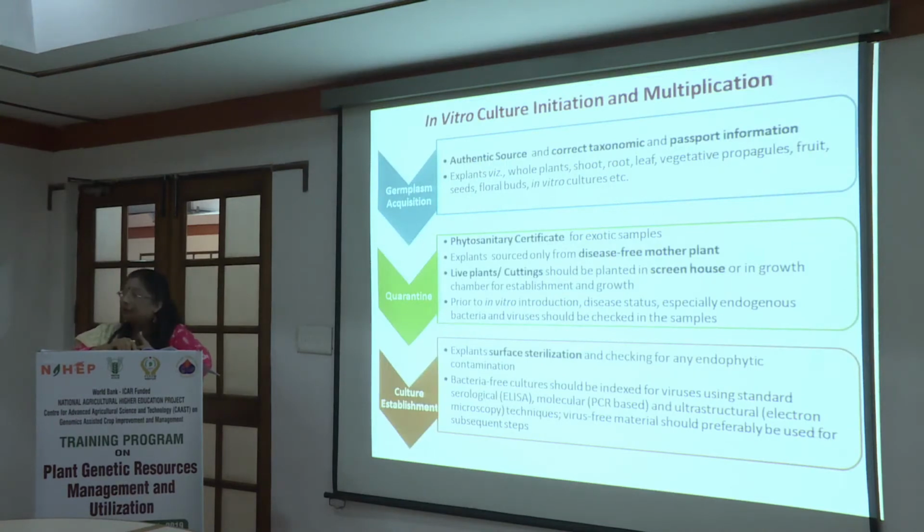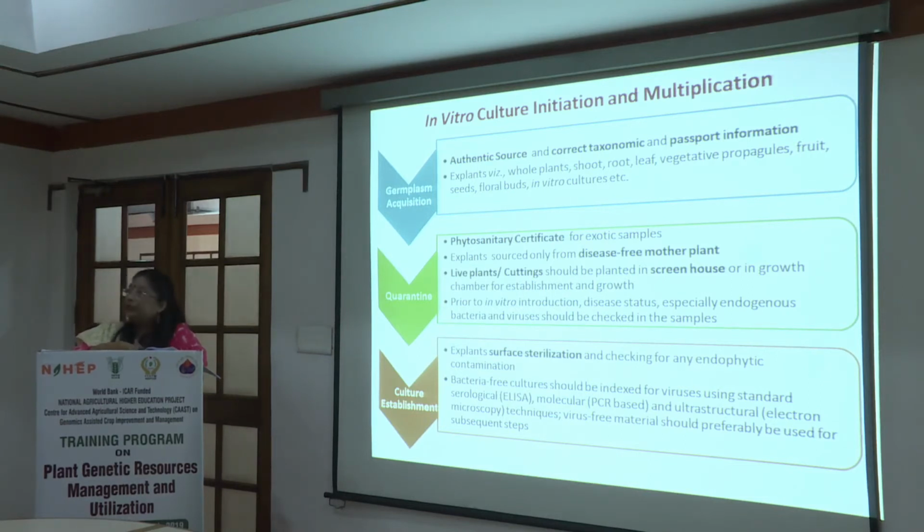Now coming to the actual process of how we start cultures for in vitro gene bank management. Like I have shown earlier, the first step is acquiring the germplasm. So germplasm has to be acquired legally, from a disease-free source, and of course with correct taxonomic identity as well as passport information.